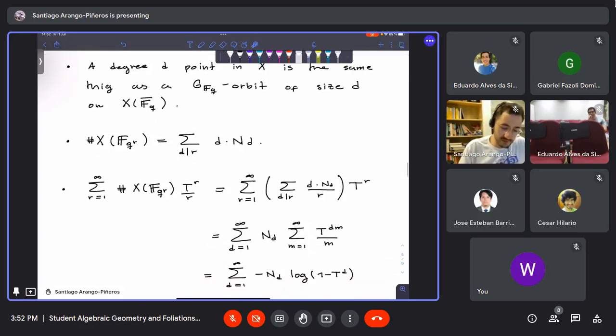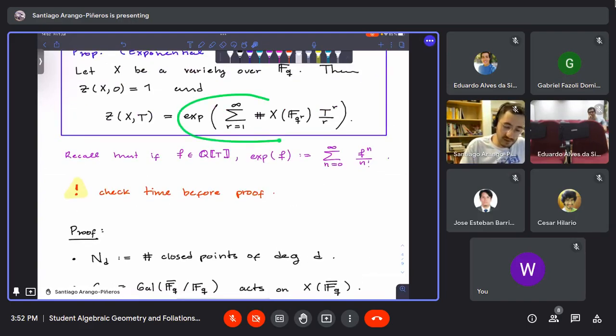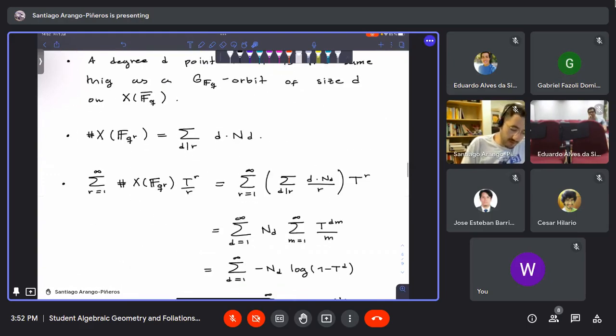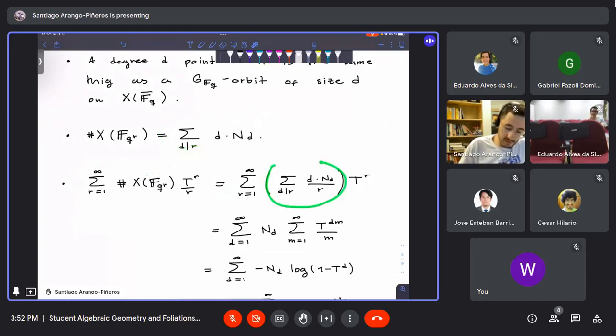So we're just going to take this formula and plug it into the generating function that we have here. Well, actually the logarithm of the generating function, so what's inside. Okay, so if we do that, we start here, we plug in our formula inside of this part. That's what's in parentheses in here. And this is this really surprising thing about analytic number theory, that everything boils down to changing the order of the sum somehow.